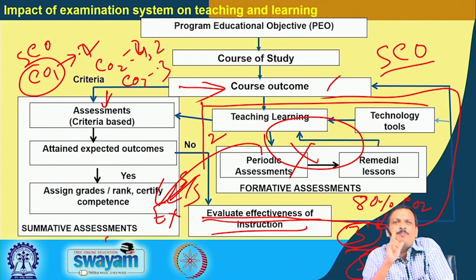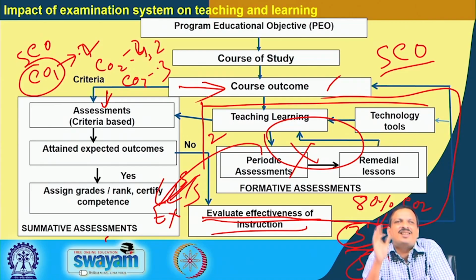But it is very important that at the end of the exam, or the end of the academic semester, you should be able to find out the attainment of the students' competence level, and as a teacher you should take feedback on what kind of modification in teaching learning and your outcome has to be made.